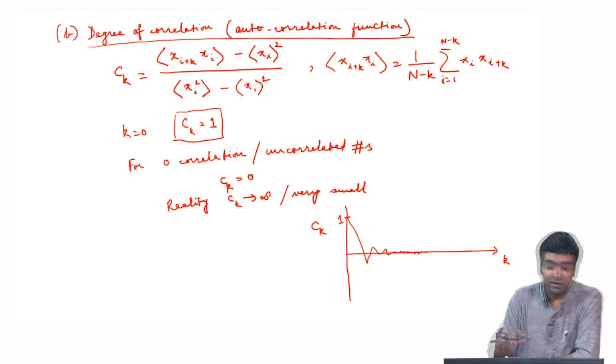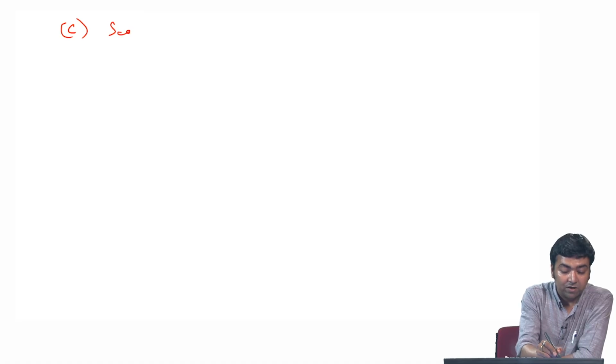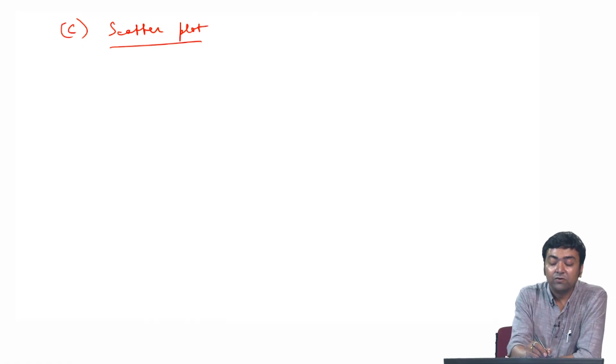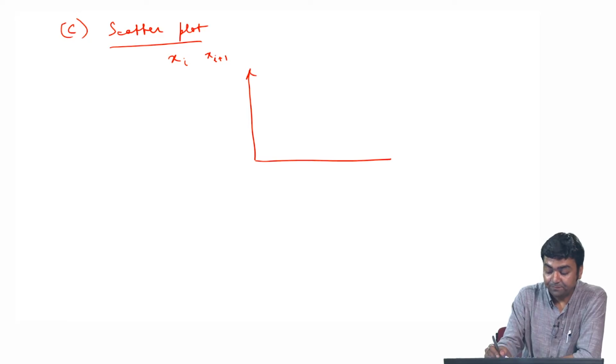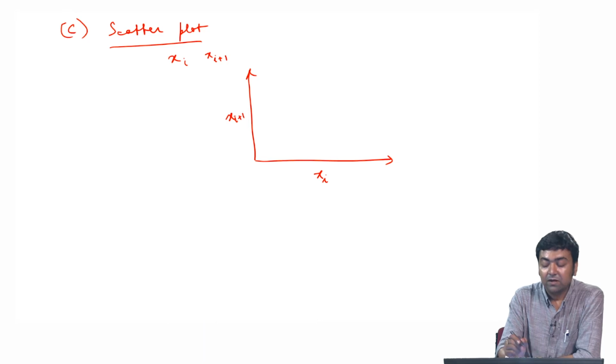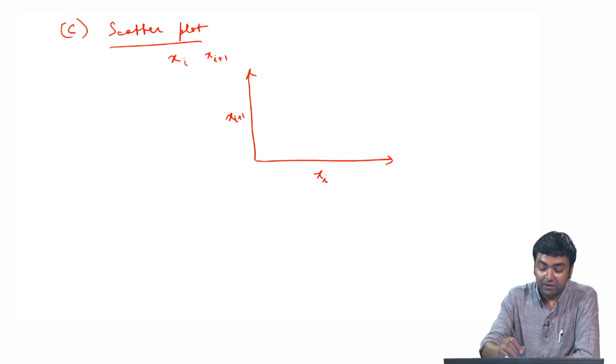Another way to test the randomness of random numbers is by doing something called a scatter plot. This is the simplest test. What is a scatter plot? You take x i and x i plus 1, and then you plot x i versus x i plus 1. For a correlated case, you might get something like this.